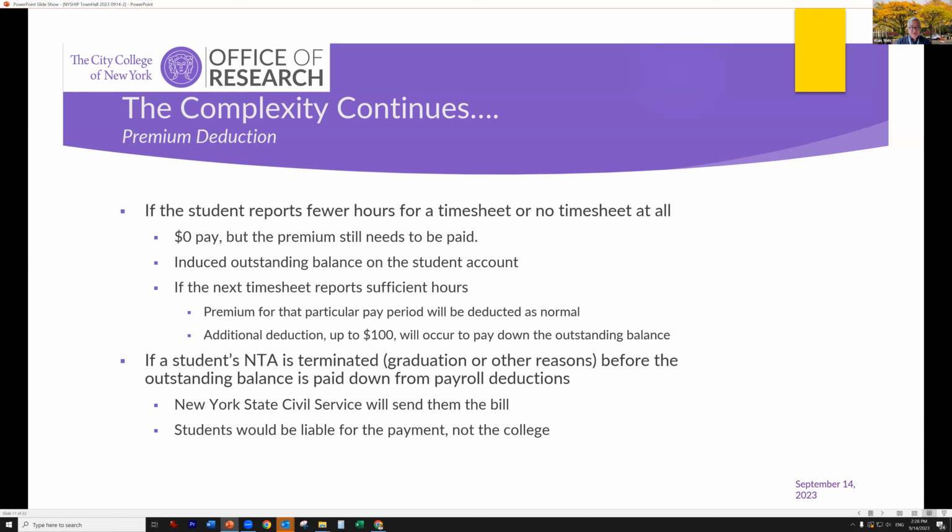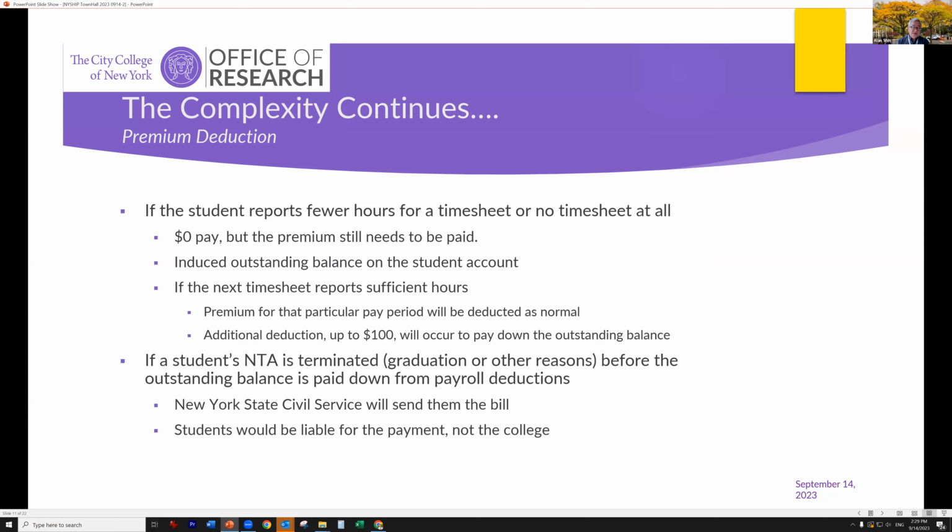So when they submit the 3rd timesheet, including the previous ones, the account will be deducted for the premium for that particular pay period, the 3rd pay period. That's not a problem, just like the normal deductions. But they will also be deducted an additional amount for their outstanding balance. But they are not going to take all of your payroll.